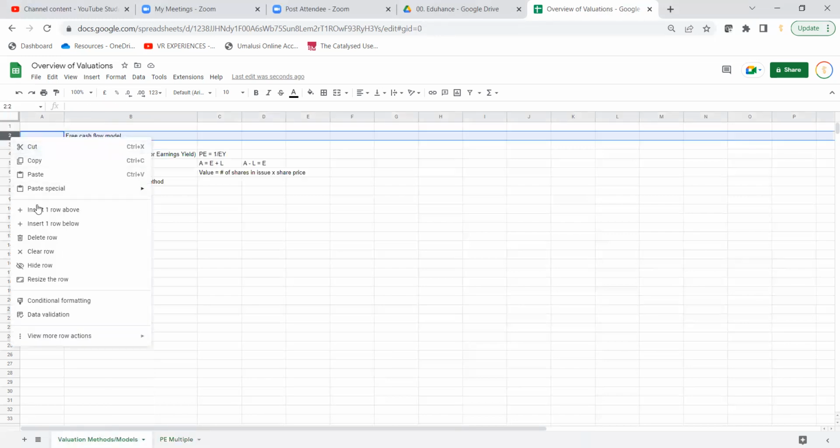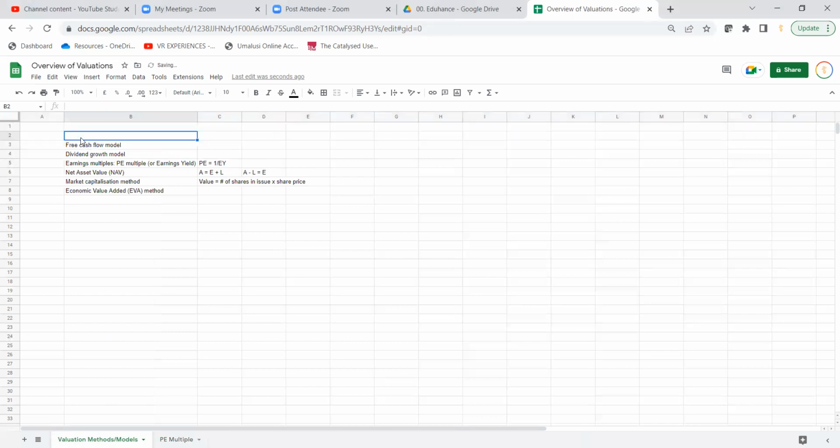Okay, so let me just actually make that clear. The objective of all of these valuation methods or models is to value ordinary equity. So we're not valuing debt, we're not valuing preference shares, we are valuing ordinary equity.